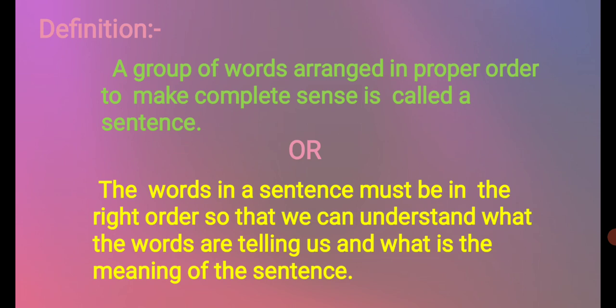When we are clear about the meaning, at that time we have a clear idea of what is in the sentence. So it is called a sentence. Understand? Let's see the example and understand the definition properly.